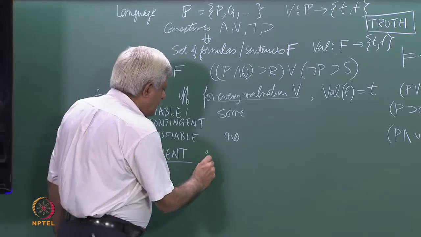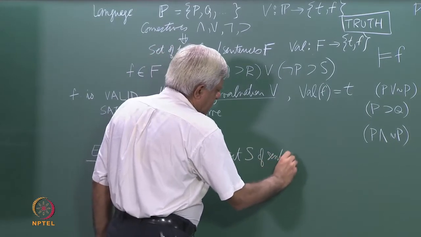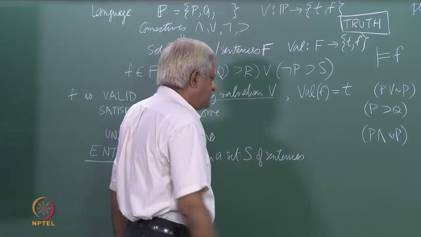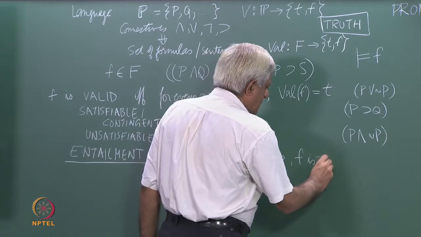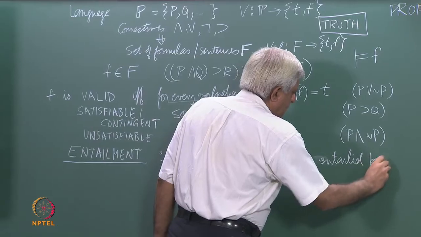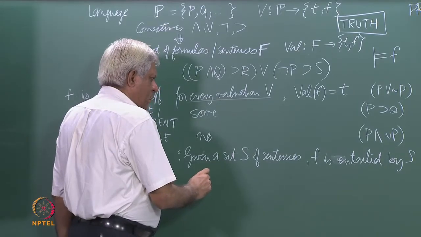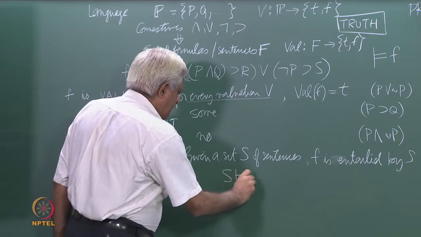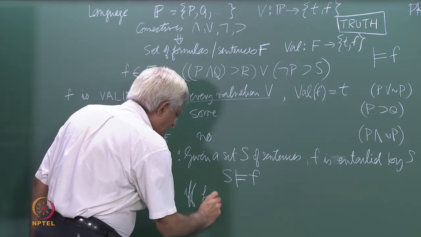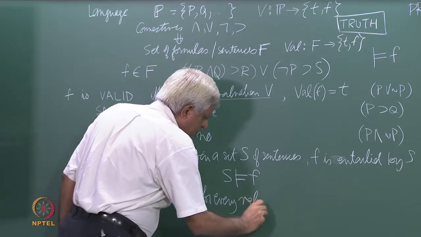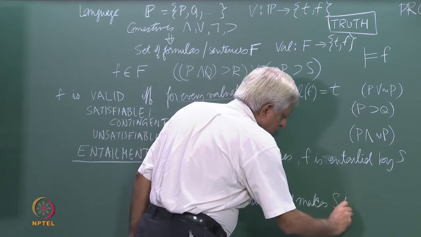So, given a set S of sentences, we say that a formula F is entailed by S, which we write as S entails F, if the following is true: if for every valuation that makes S true.